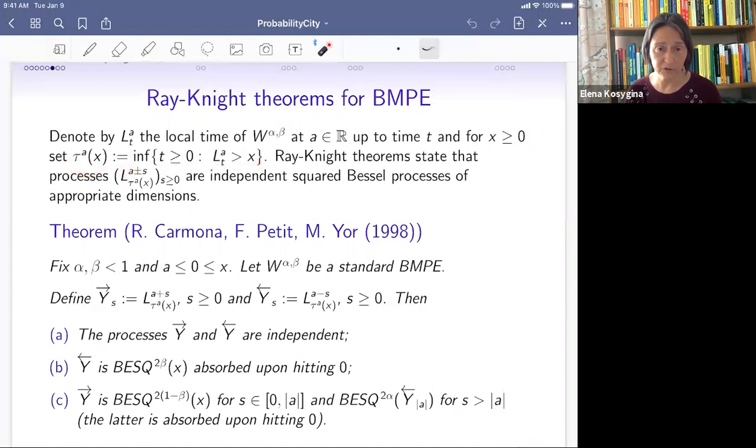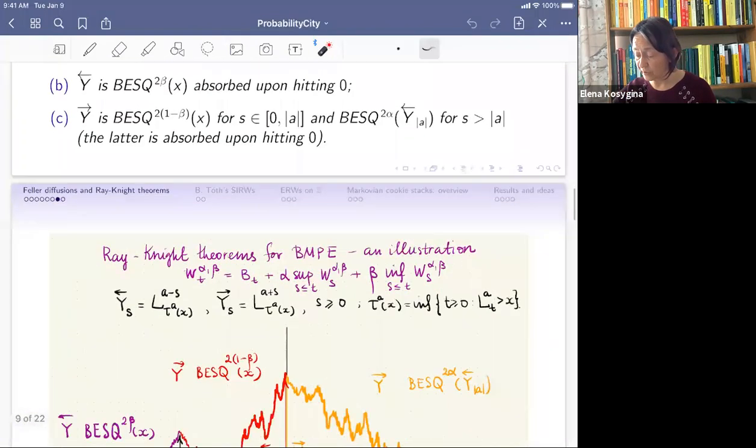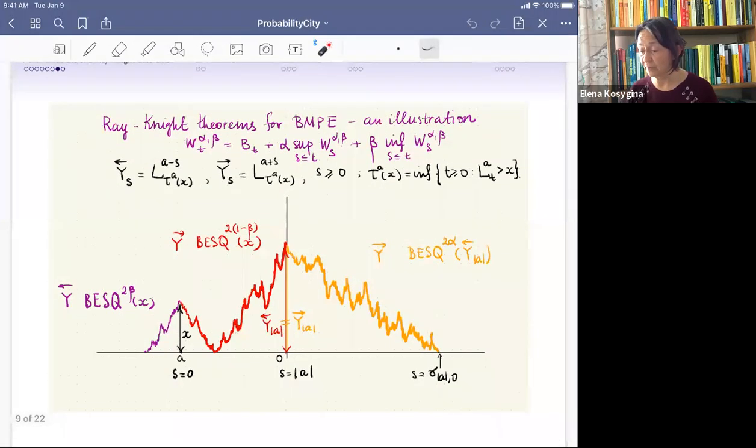So more precisely, before I put the text on, I'll show the picture. I have Brownian motion perturbed at extrema, and A is somewhere here, it doesn't matter where A is. I'm looking at the first time when the local time exceeds x. And then I'm looking at the local time of this process in this direction.